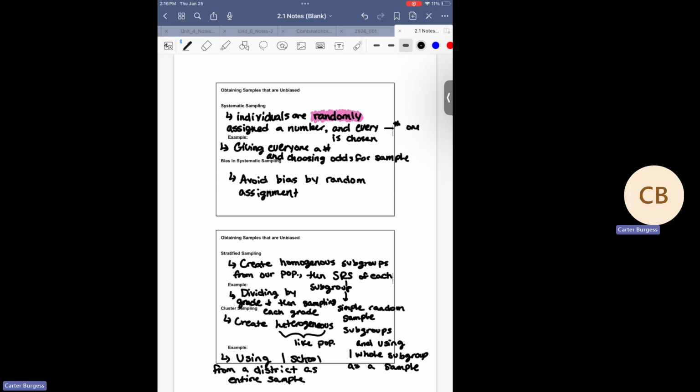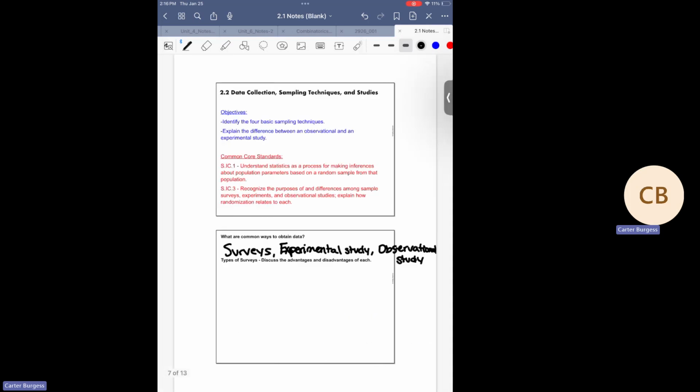Before we take a look at an example, I want to go back just for a moment to the types of surveys. We're not going to go through a full breakdown of what the various survey types are and the advantages or disadvantages of each of them. I don't want to get that focused on it.